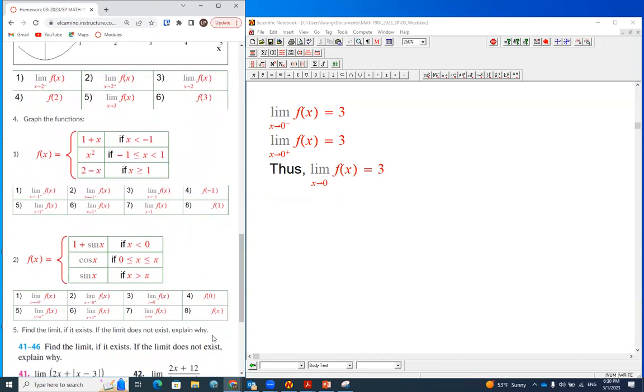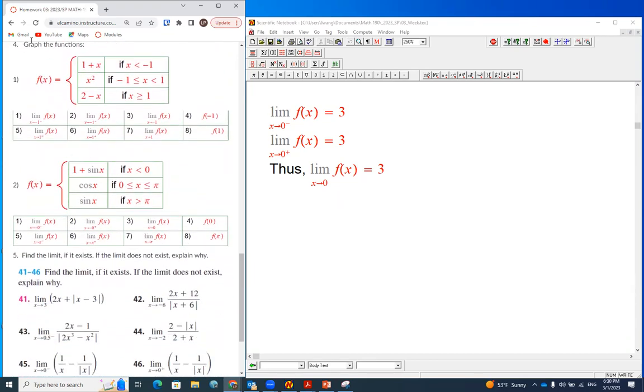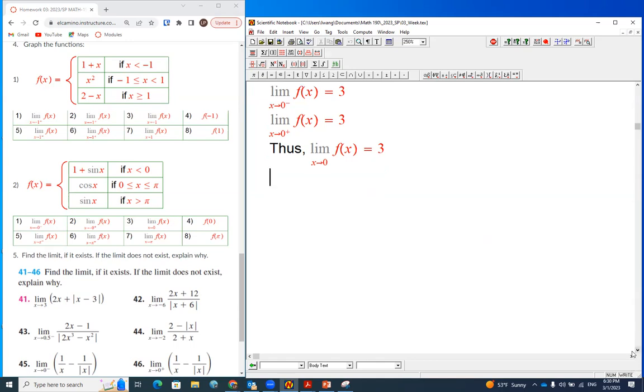The next thing we did is number 4, the first one in number 4. This time we're not given a graph. We can actually graph it if you want, but let's not graph it for the moment. We have 3 pieces, right? So let's try to understand this function. This is question number 4.